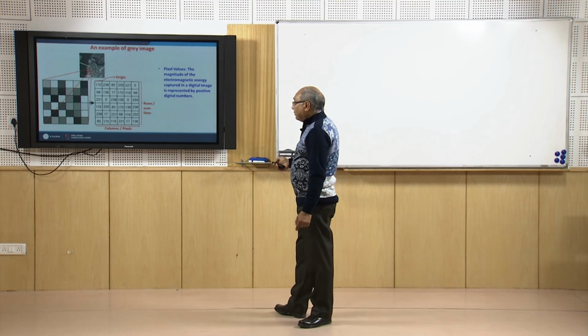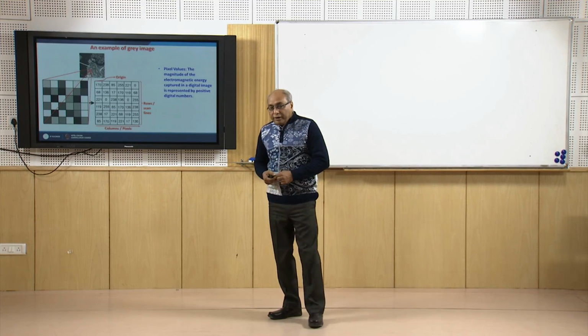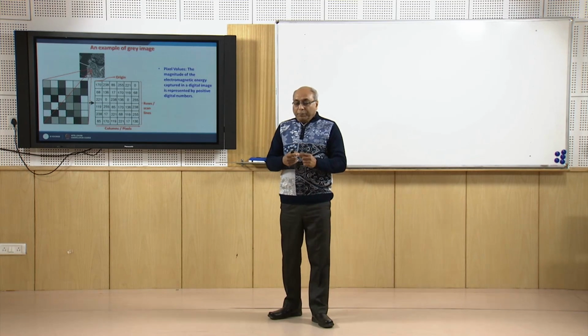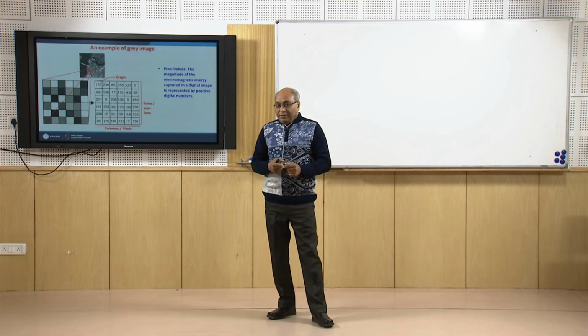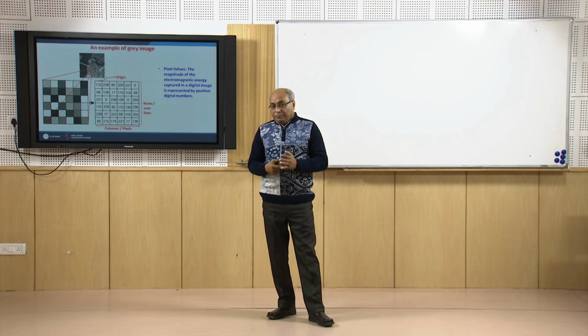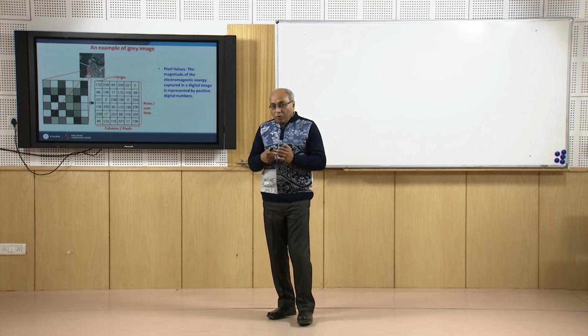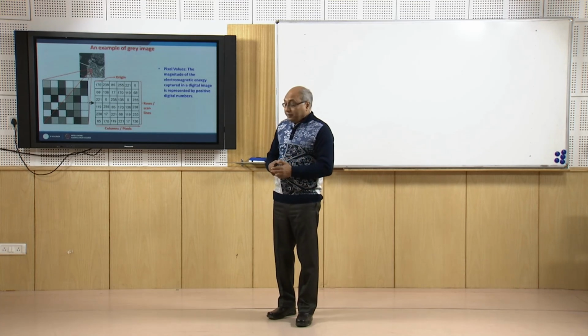Pixel values, as I have said, represent the magnitude of the electromagnetic energy captured in a digital image, and are represented by positive numbers. This is very important: the value of a pixel will always be a positive integer value. I am going to repeat it again: the value of a pixel of a digital image is always going to be a positive integer value.